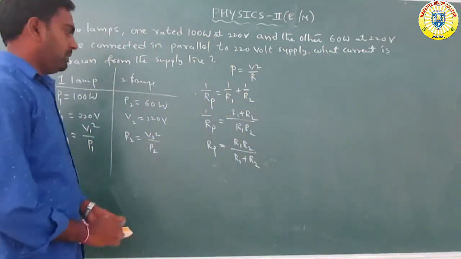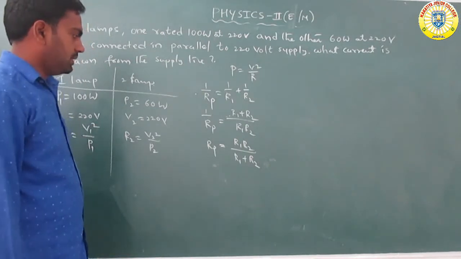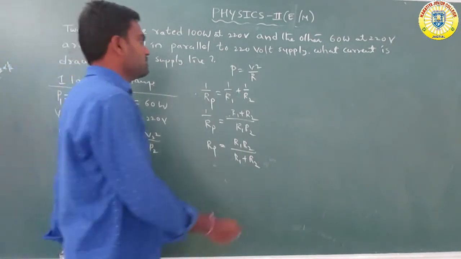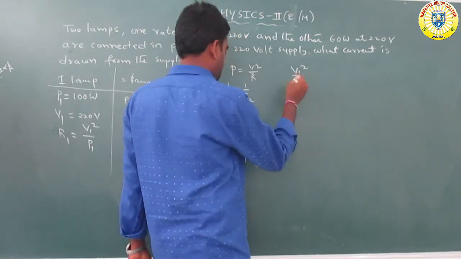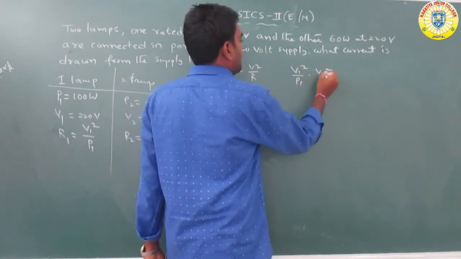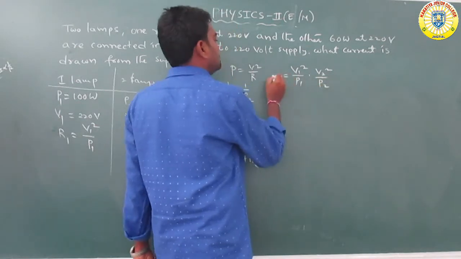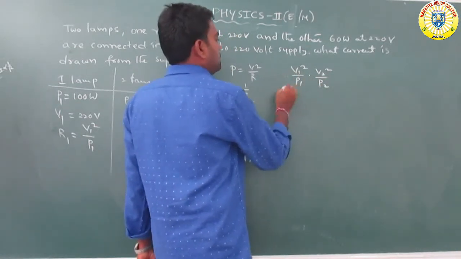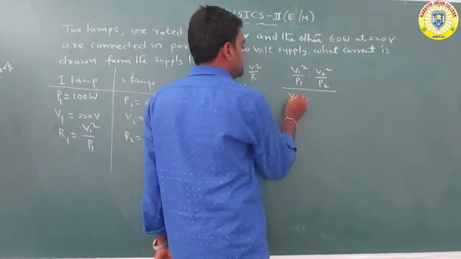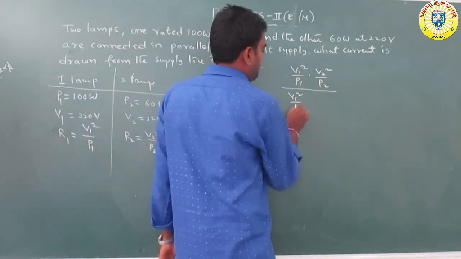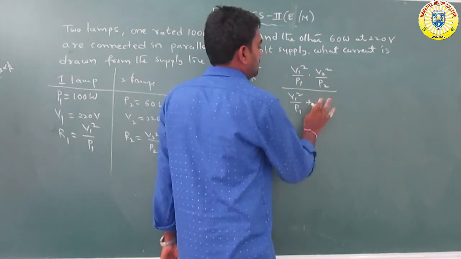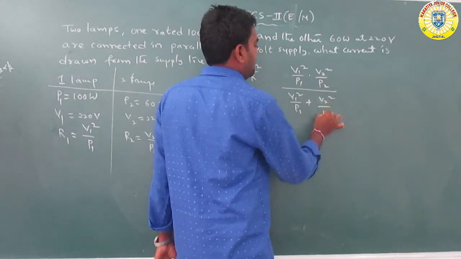So RP is equal to R1 into R2 by R1 plus R2, where R1 is V1 square by P1 and R2 is V2 square by P2. So RP is equal to V1 square by P1 into V2 square by P2, divided by V1 square by P1 plus V2 square by P2.